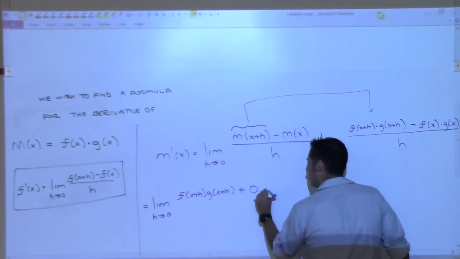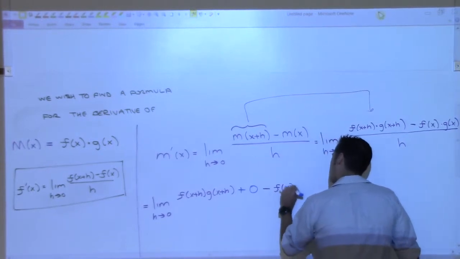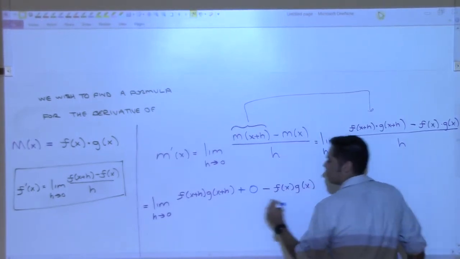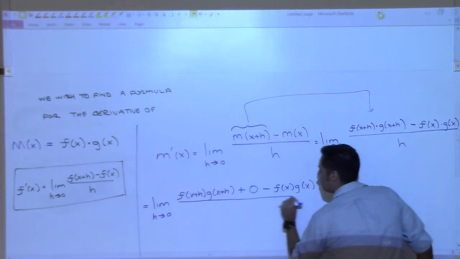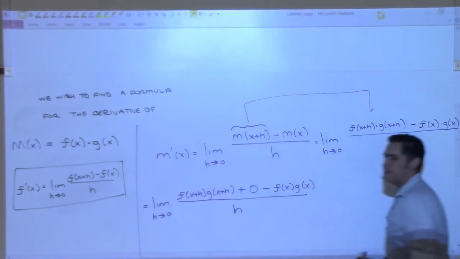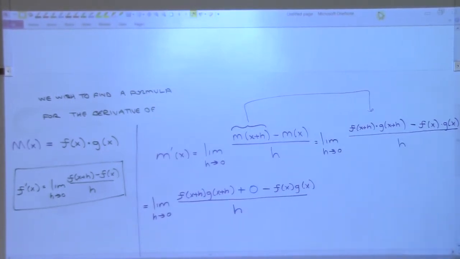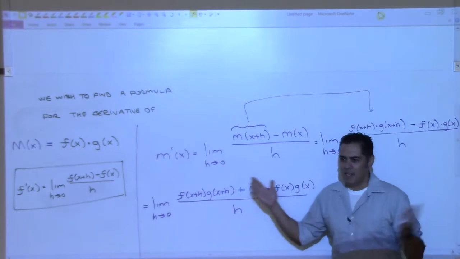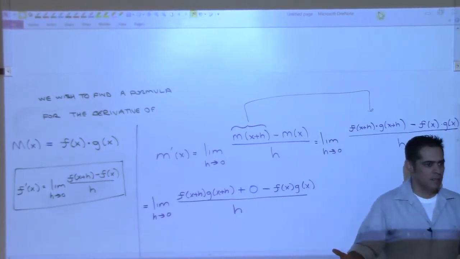And I'll talk about this after I write it down. Does everyone agree that that's the same statement? Yeah? I mean, you can add 0 to anything and it's still the same thing, isn't it?